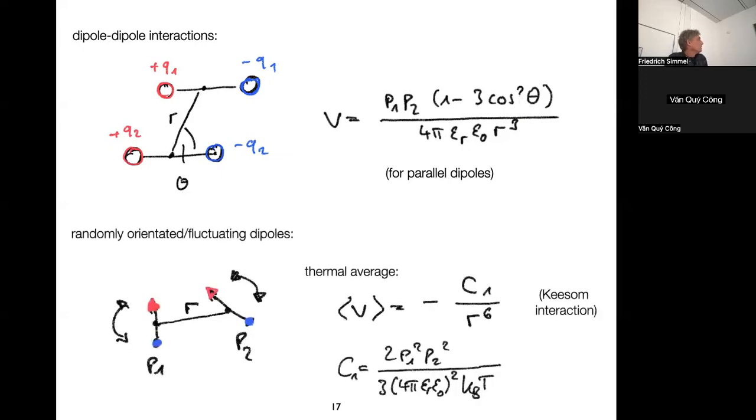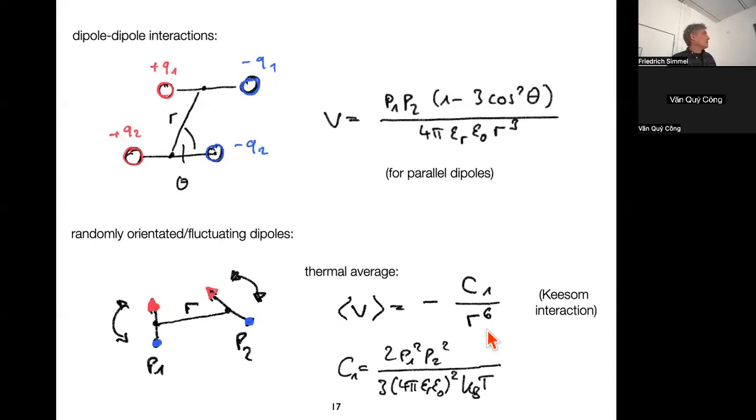And then there's the issue that your two dipoles might fluctuate in orientation. If you average such an expression over all orientations, you get a potential that decays with the power of r to the 6. That's sometimes called the Keesom interaction.